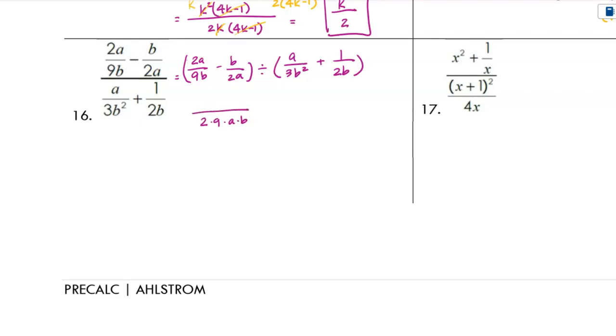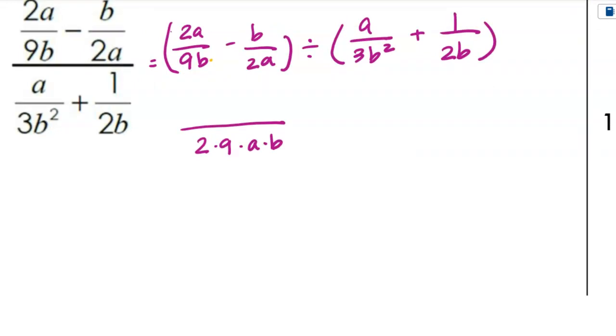Okay, what's missing from that 9b denominator to get 2 times 9 times a times b is going to be a 2. And we have a 9. We need an a, so I'm going to multiply top and bottom by 2a.